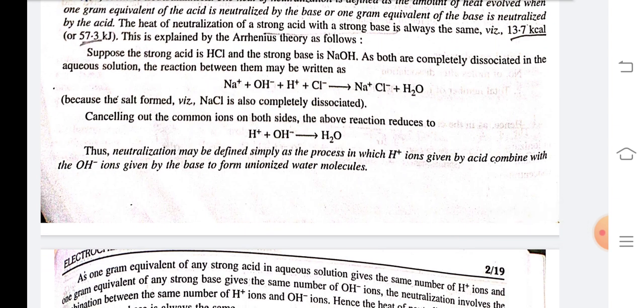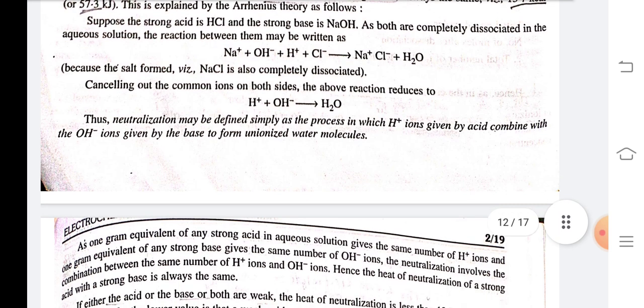Suppose the strong acid is HCl and the strong base is NaOH, as both are completely dissociated in the aqueous solution. The reaction between them may be written as Na positive plus OH negative plus H positive plus Cl negative gives Na positive plus Cl negative plus H2O, because the salt formed, NaCl, is also completely dissociated.